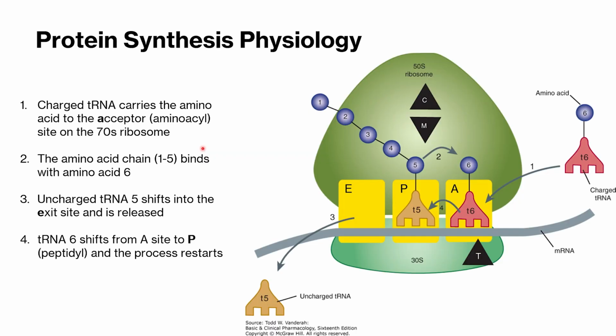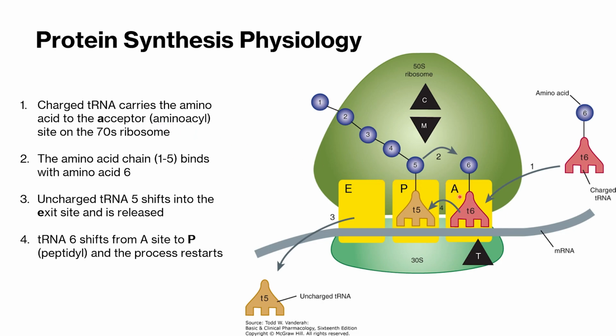So let's get into the mechanism of protein synthesis, the protein synthesis physiology. We have a nice little chart here, and we have a little key over here. Charged tRNA carries amino acids to the acceptor site on the 70S ribosome. Acceptor site is also referred to as the aminoacyl site.